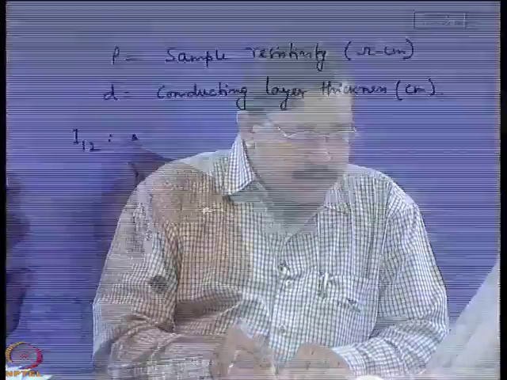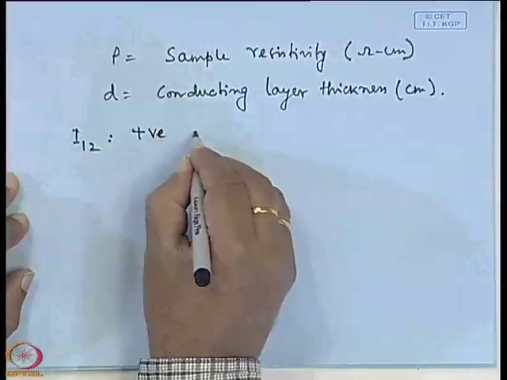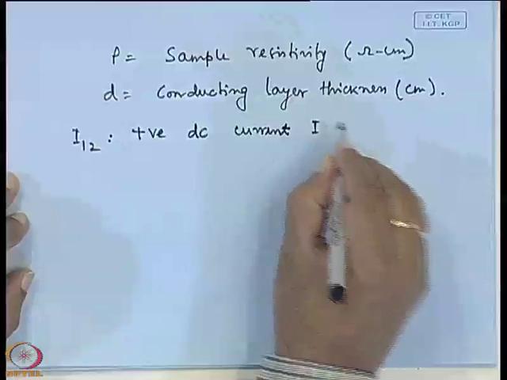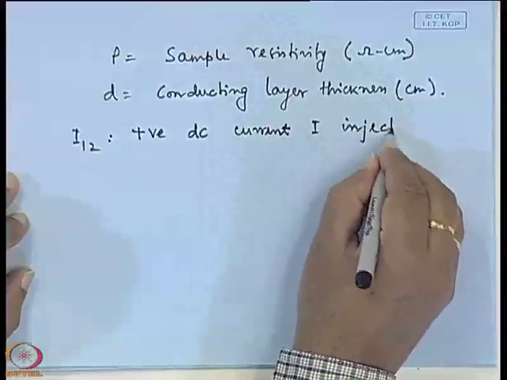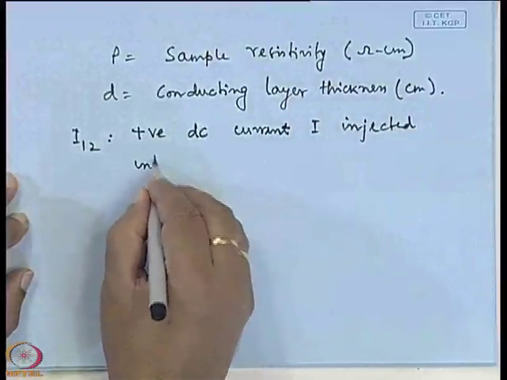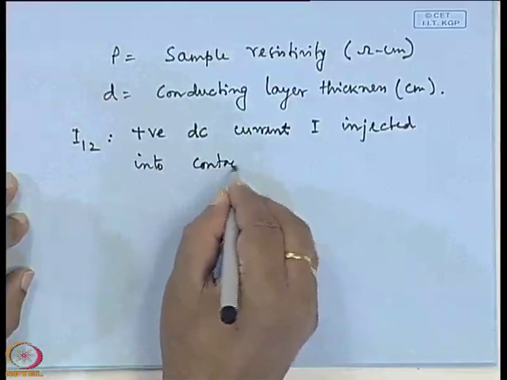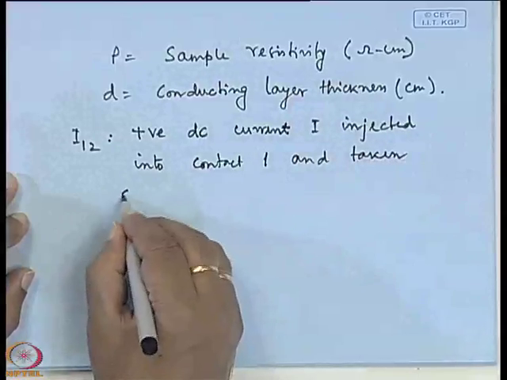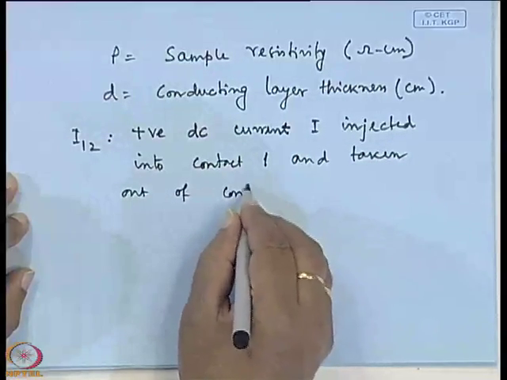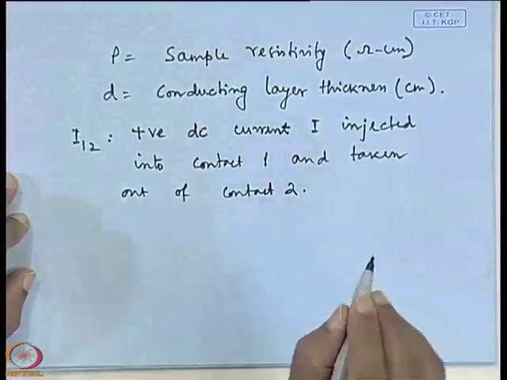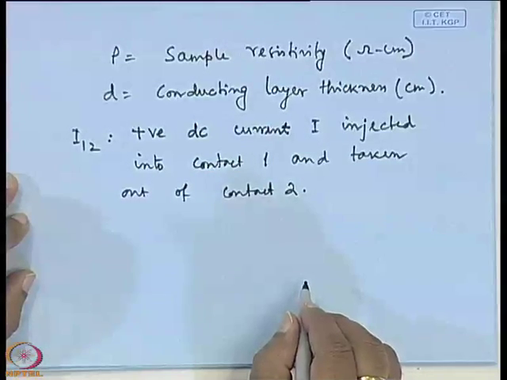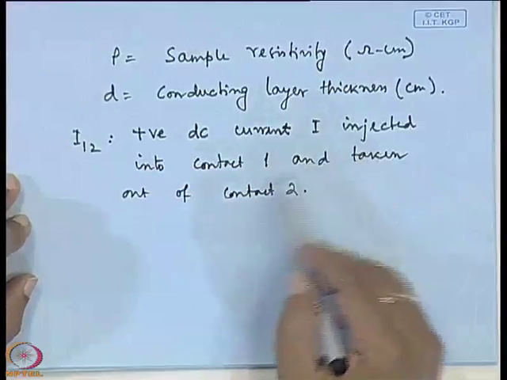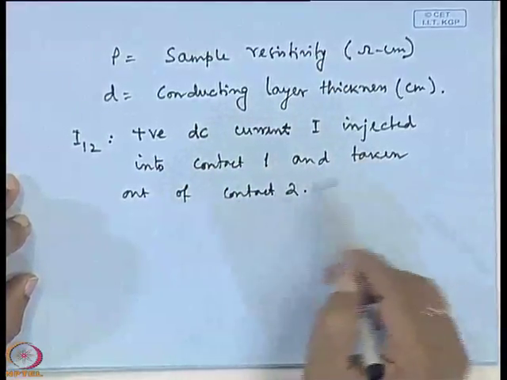I12 is the positive DC current injected into contact 1 and taken out of contact 2.